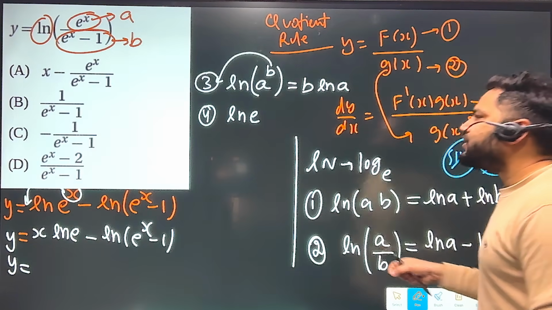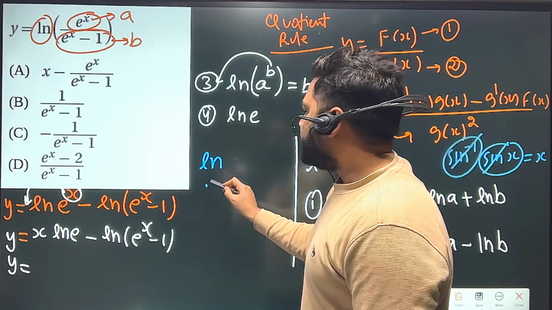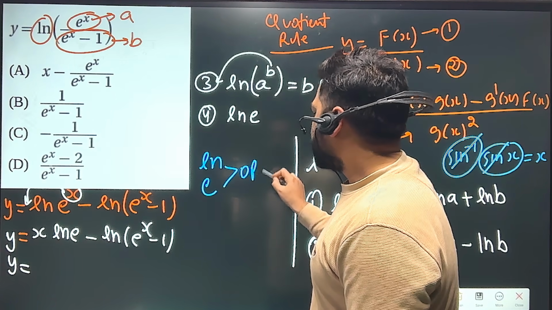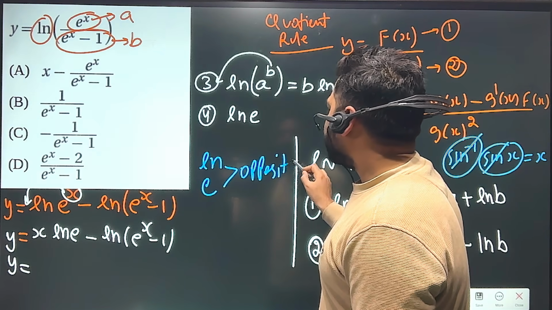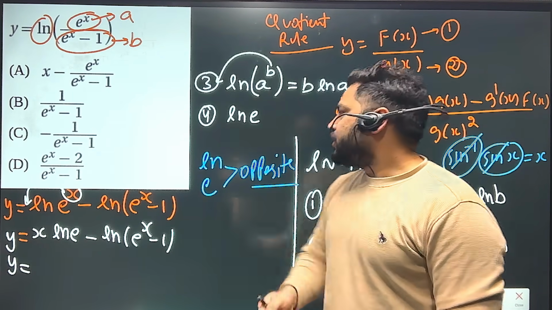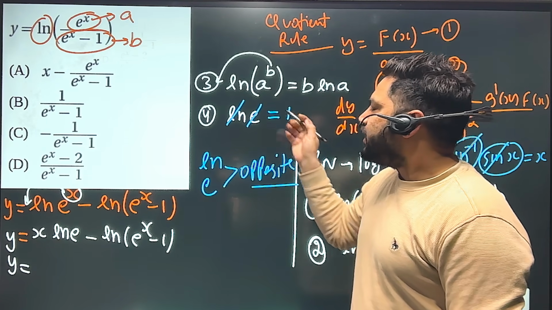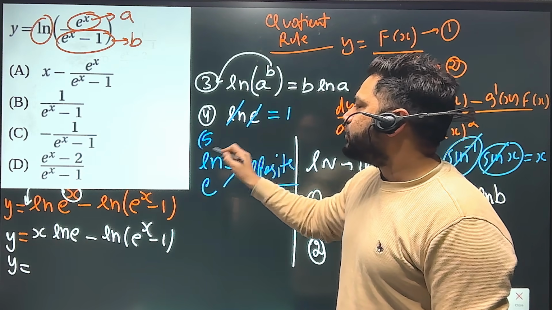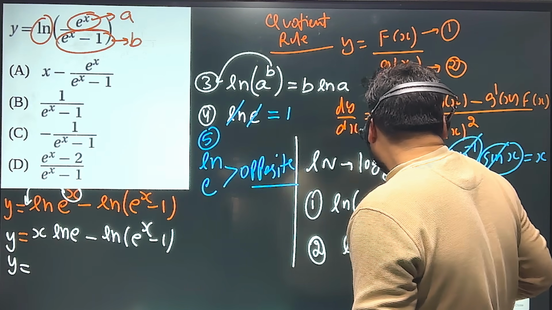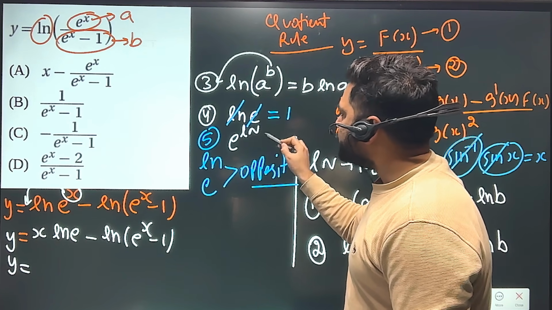Similar thing applies to ln and e. These two are opposite functions. Opposite functions means whenever they come in contact with each other, they will cancel each other. So ln e will cancel, and it is always 1. So you can directly remember that ln e is 1. And also the fifth property: ln e is 1, and at the same time e^(ln x) is also x.